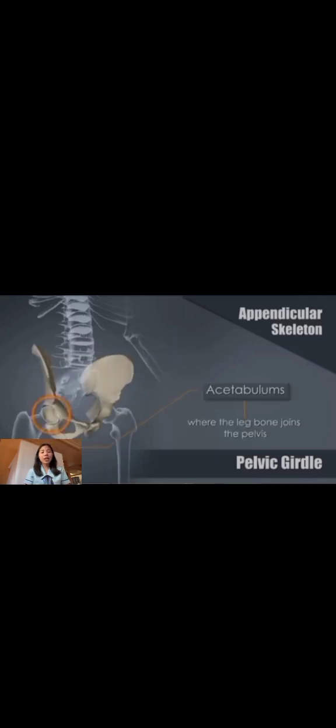Each leg consists of 1 femur, or thigh bone. It is also categorized as a long bone. Between the upper and lower leg is the patella, called the kneecap, and the lower leg is composed of the tibia and fibula.